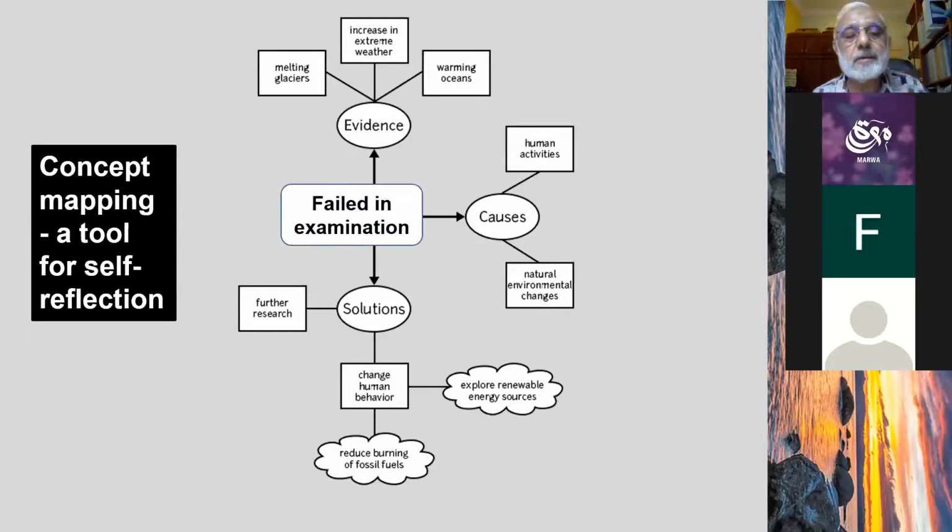And if, for example, we replace that issue with a situation of failing an examination, there would be evidence of failing in the examination, then looking at the causes and the possible solutions. And this is where guided reflection plays a role, because the student's reflection may not be perfect, and the role of supervisors and mentors would be needed to guide the students in this reflection.